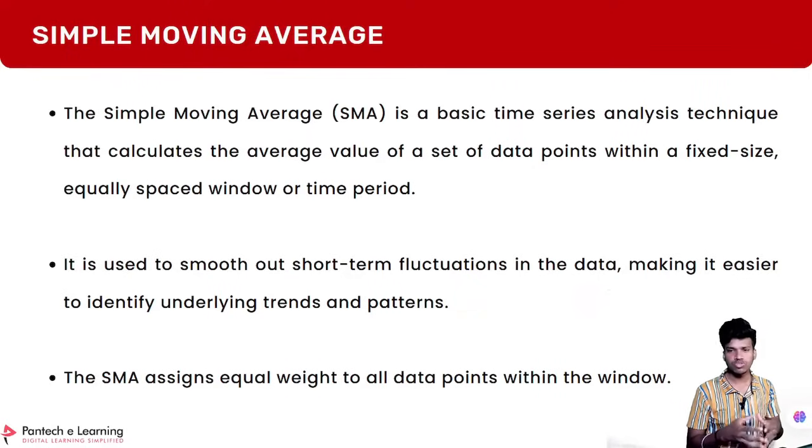It is used to smooth out short-term fluctuations in the data, making it easier to identify underlying trends and patterns. The SMA assigns equal weight to all data points within that window. So the SMA technique assigns every data point equal weightage, which means it maintains the output, like the prediction, at an equal value.